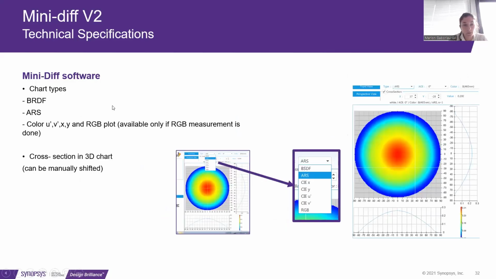You can have different map types: BRDF, ARS, color, and RGB plot. Of course, available only if the RGB measurement is done. You also have a cross-section in a 3D map here, which can be manually shifted. I will show you this later directly in the software.